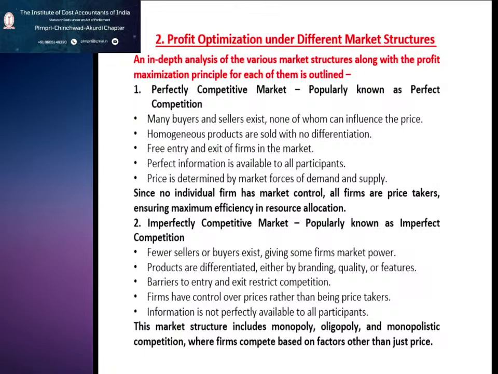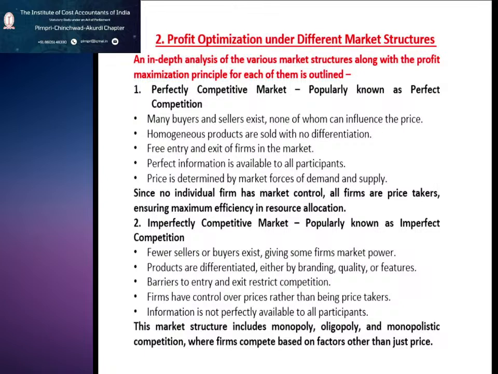In the case of perfect competition, or a perfectly competitive market, there are many buyers and sellers in existence, none of whom can influence the price. So no particular set of buyers or sellers will influence the price. Homogeneous products are sold with no differentiation, there is free entry and exit of firms in the market, perfect information is available to all participants, and price is determined by market forces of demand and supply.